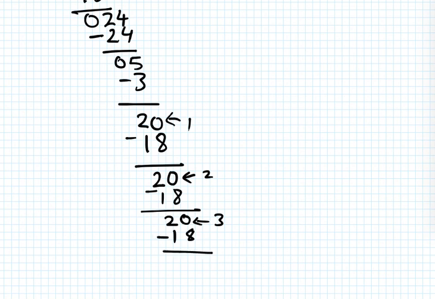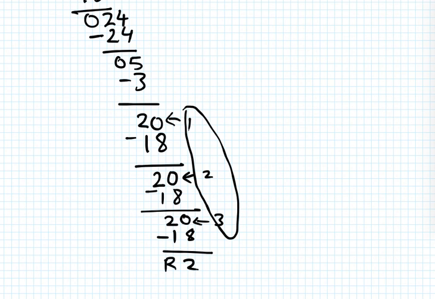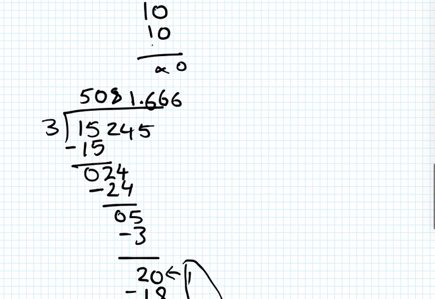So when you subtract 18 from 20, you're left with 2. But now we've used up all three of our zeros, so we can't put down any more. So we just put down remainder 2. This R stands for remainder.